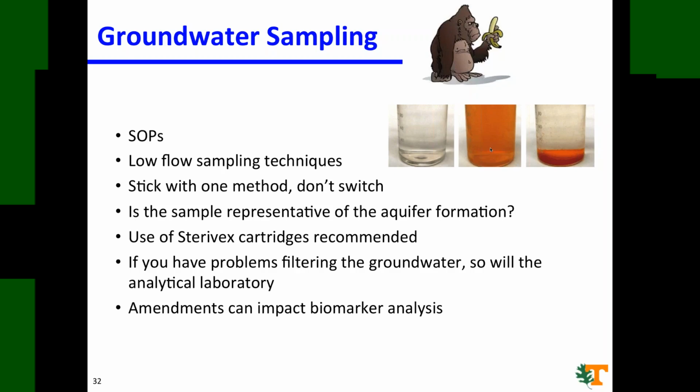Because the groundwater sample is exposed to some oxygen when you sample it, ferrous iron will oxidize and form this precipitate, ferric iron hydroxides. This makes it basically impossible for us to collect the biomass, and then we cannot really extract DNA very well. So that influences our ability to do a good analysis. Now, if you avoid shipping groundwater and collect the biomass on Sterivex cartridges in the field, we don't have this problem.